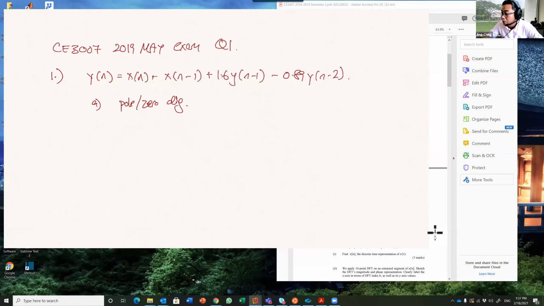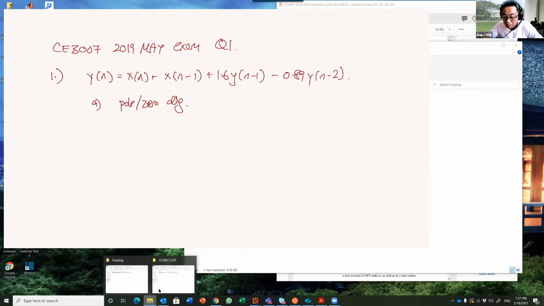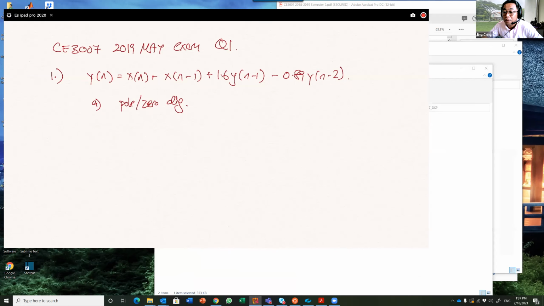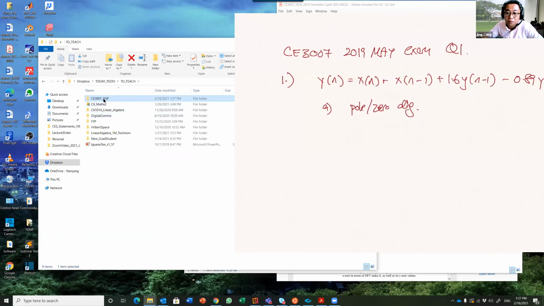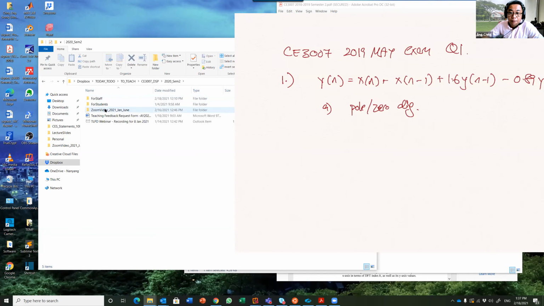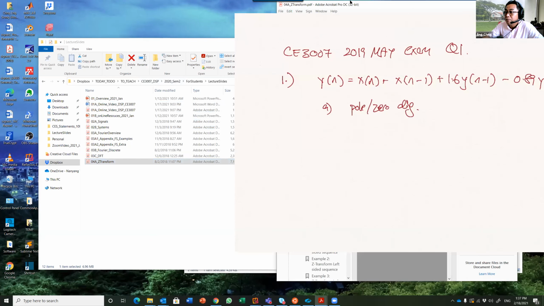Now, if you have issues with this, you should go to the lecture notes. Let's pull out exactly which lecture notes will be able to help you. So go to the lecture slides, and it will be on 04A Z transform.